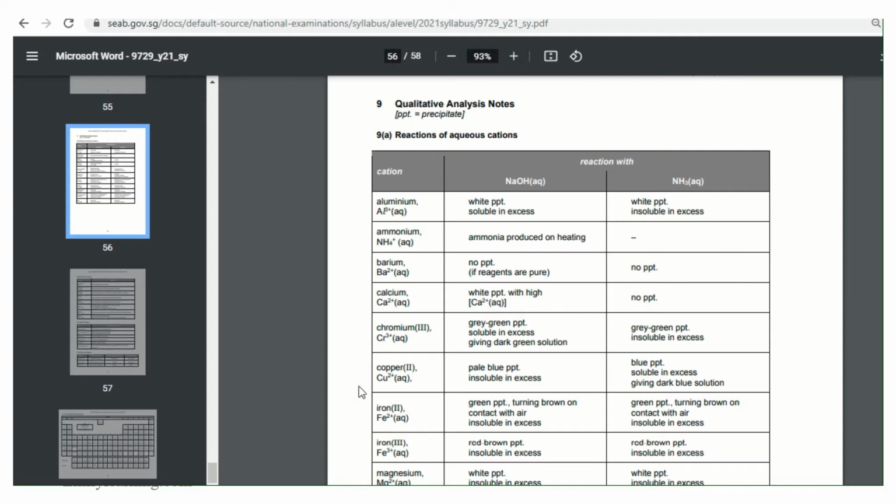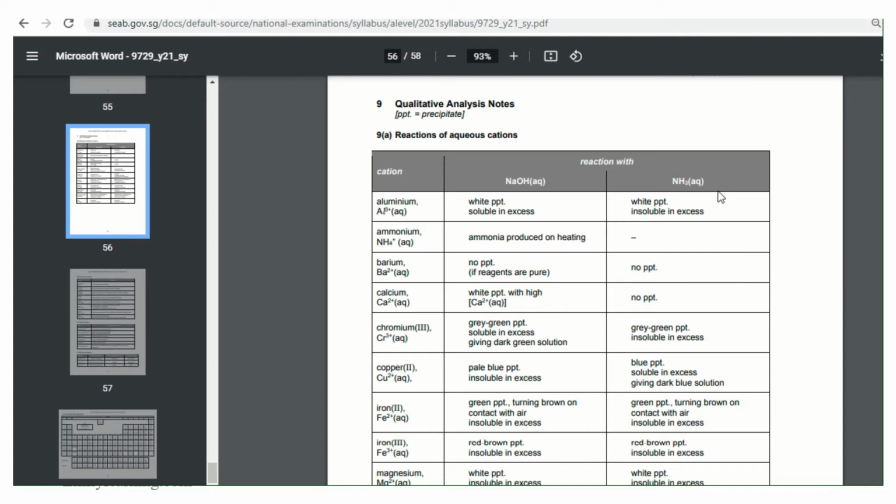So if you take a look, what are the reagents that are being added? It is basically aqueous sodium hydroxide solution or aqueous ammonia. So in short, if you see a question asking you to add aqueous sodium hydroxide dropwise and then in excess, or it asks you to add aqueous ammonia dropwise then in excess, it is giving you a clue that you are testing for cations present.